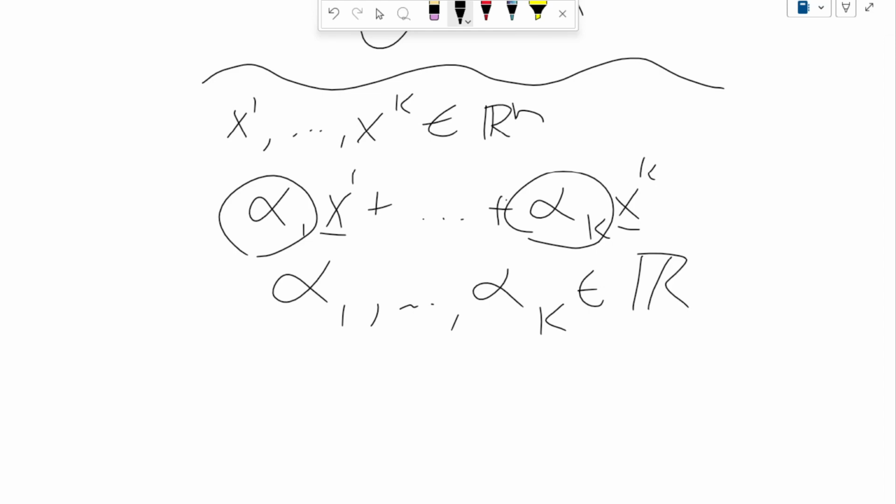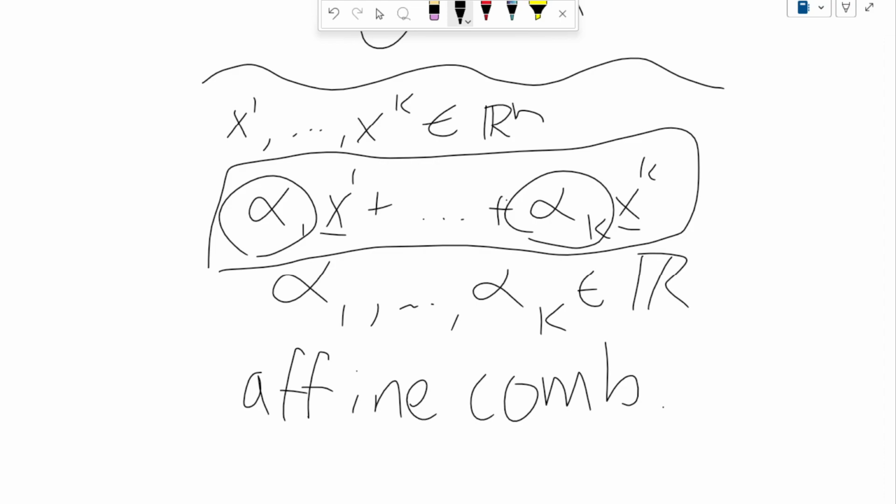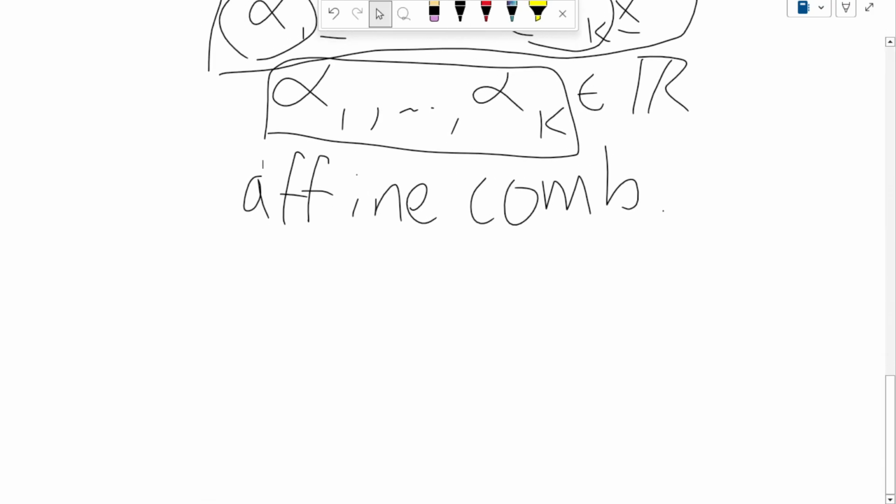And so an affine combination is actually quite easy to understand, but has a scary name. So it's affine, spelled like this, and then combination. Okay, so all an affine combination is, we take a linear combination, like we were doing, but we're going to constrain what these alphas can be, right?